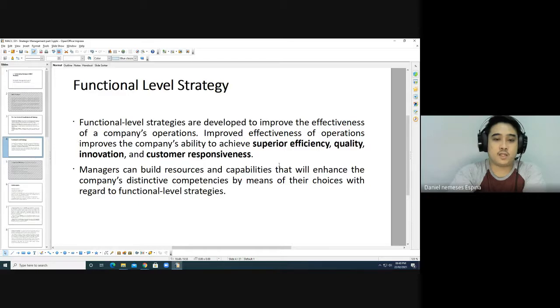So even if the business has no specific strategy, as long as the management and the employees are committed towards achieving these goals, the business can still lead the competition, or can defeat its competitors.